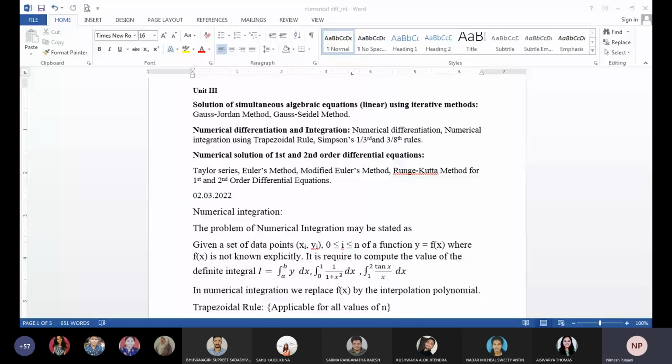So in this format, how many points will there be of the form xi, yi? You can work with n to be 2 or n to be 3. You can write it out and find how many points you get. If n is 2, xi, yi, where i goes from 0 to 2, how many points will you get?